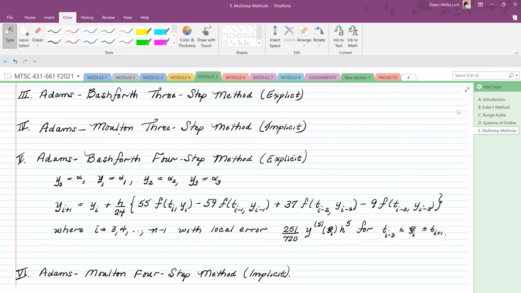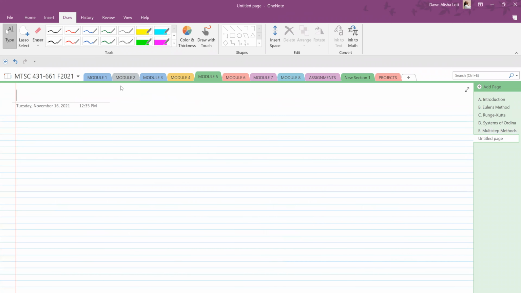So let's talk about the predictor-corrector method. Predictor-corrector methods are a combination of the Adams-Moulton and the Adams-Bashforth.